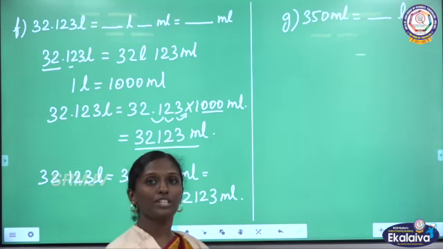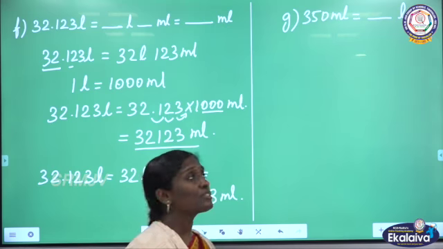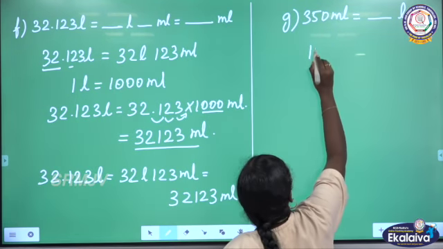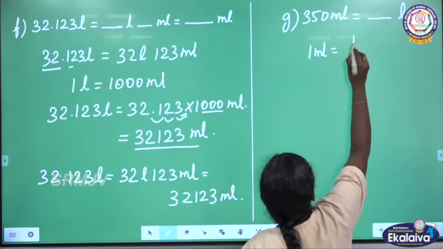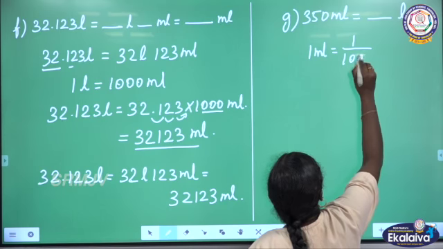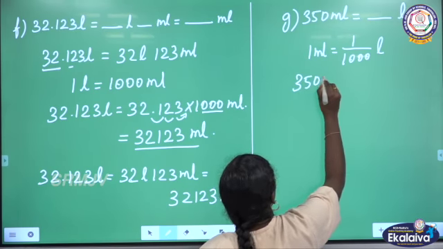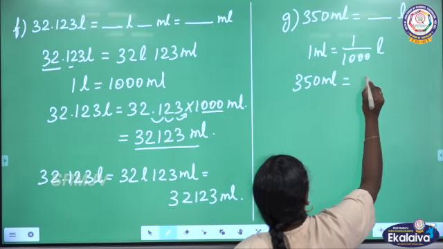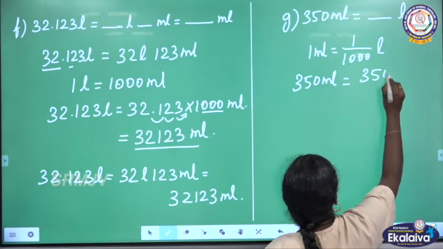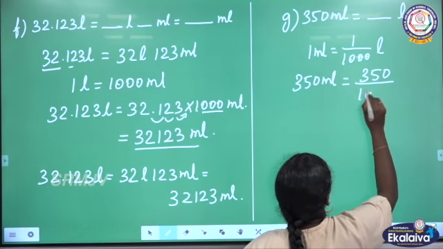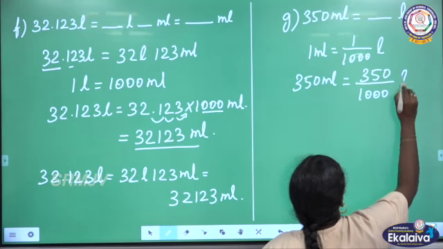That is smaller unit to greater unit, we have to use division. We know that 1 milliliter is equal to 1 by 1000 liter. So here we are having 350 milliliter, which is equal to 350 divided by 1000 liter.